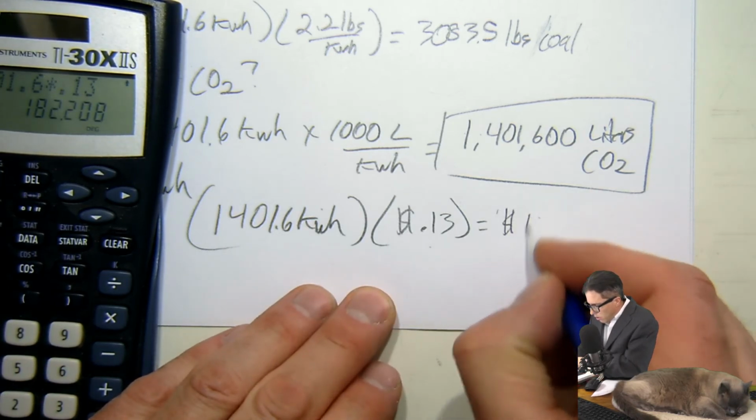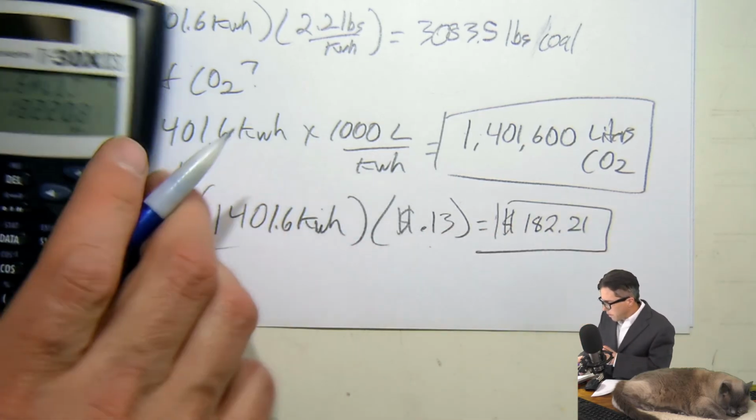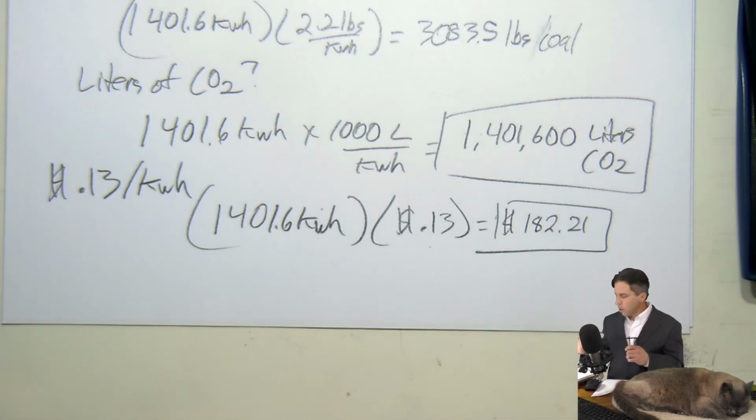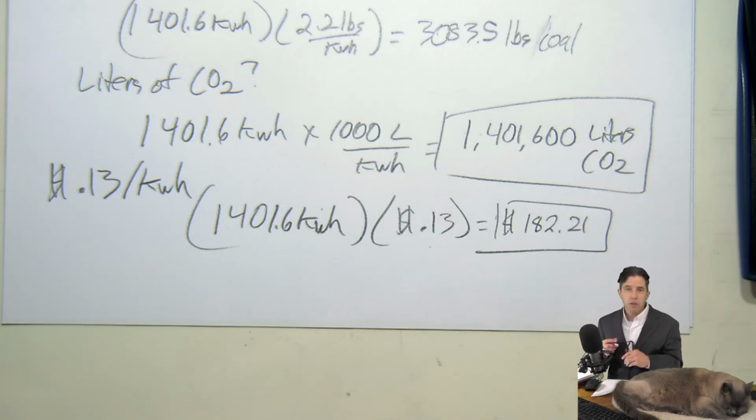I get $182.21. Okay, so that's the cost in terms of financial and the cost in terms of environmental of leaving those 2 light bulbs on 24 hours a day.